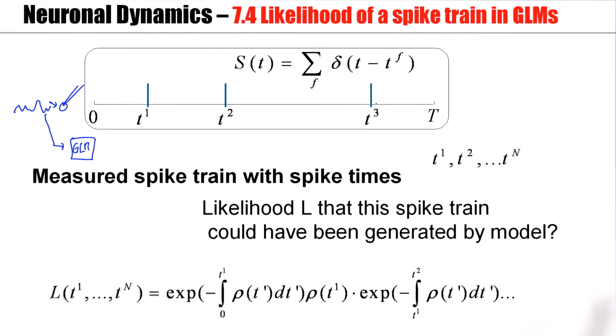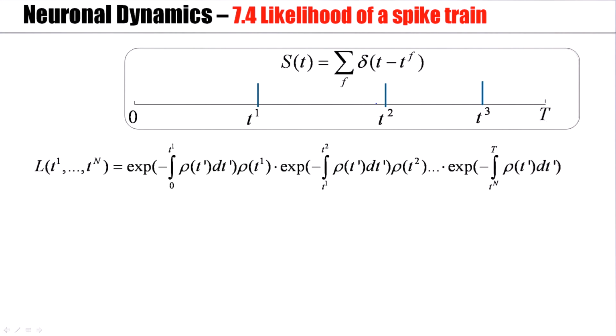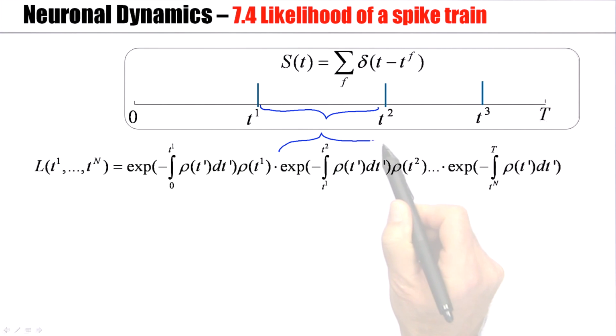And this is what this expression looks like. Let me just go over it again quickly. So here's a copy of the expression that we had on the previous slide. So the neuron has to survive from T1 to T2 without firing. That gives this term here.